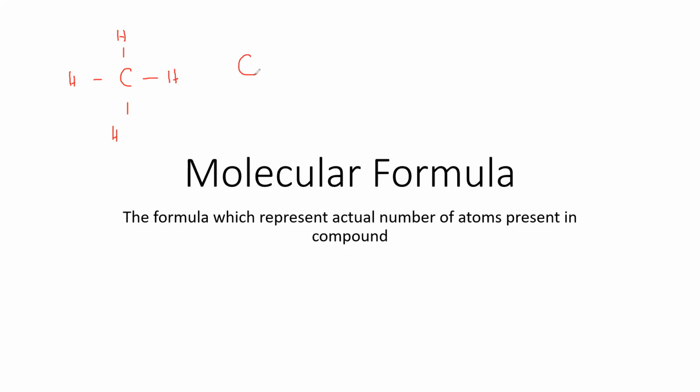So it contains 1 carbon and 4 hydrogen. So this formula shows the actual number of atoms. What do we call the formula which represents the actual number of atoms? We call that formula the molecular formula.